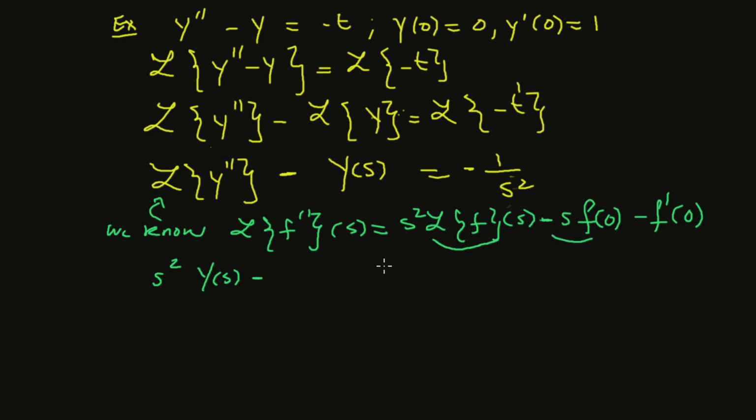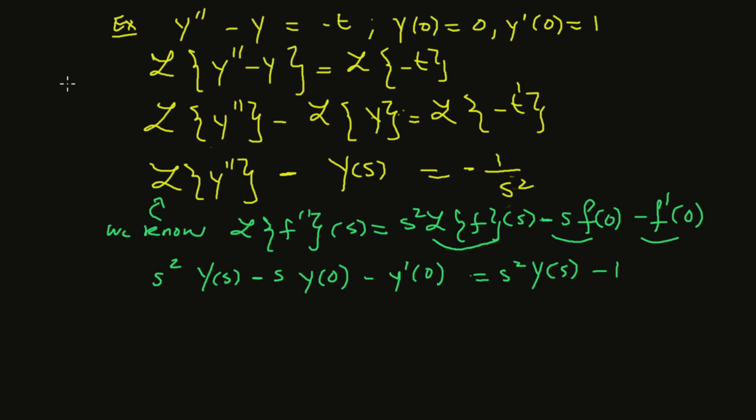Then minus s f of 0, so here we have y of 0, and minus f prime of 0, which is y prime of 0, which, looking at this, is going to be s squared capital Y of s minus 1.